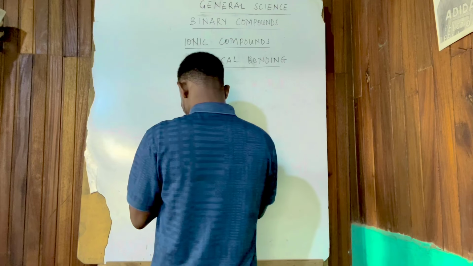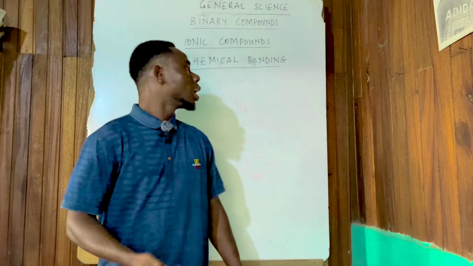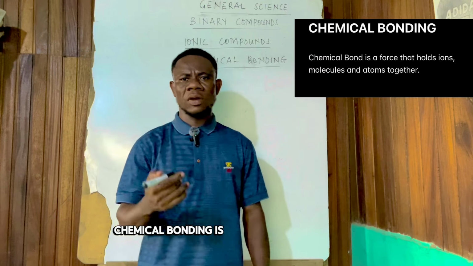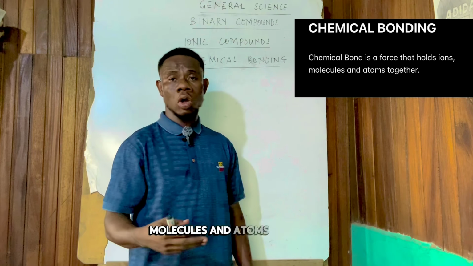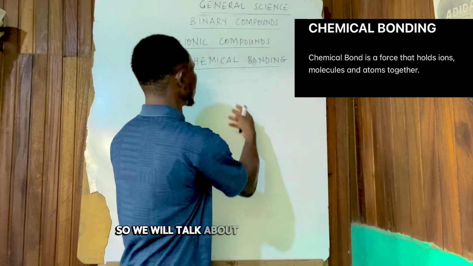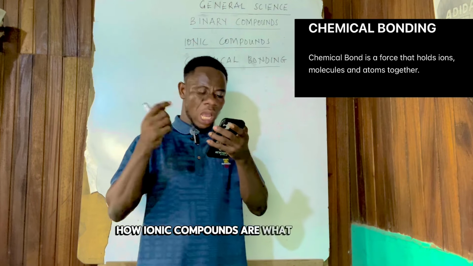Chemical bonding is a force that holds ions, molecules, and atoms together. So we will talk about how ionic compounds are formed.